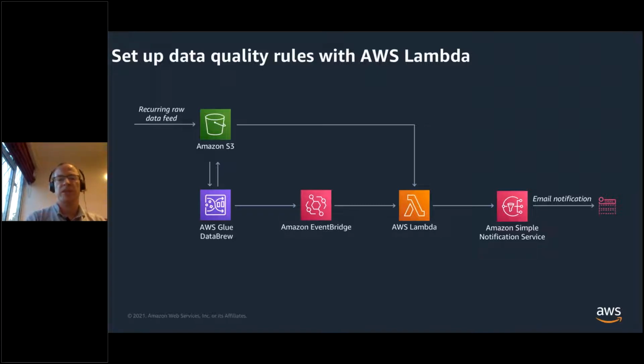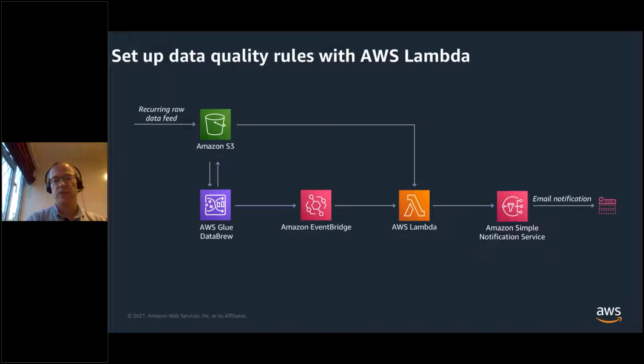From there, you could build out a set of business rules. Say, for example, the cardinality for a specific column shouldn't drop below 90%. Then you can implement those business rules within AWS Lambda in a Lambda function. Now, when that profile job finishes, EventBridge will receive an event from Glue DataBrew when that job is completed, and then you can use that event notification to trigger the Lambda function to look at that profile JSON file.